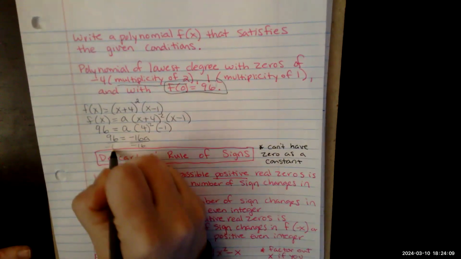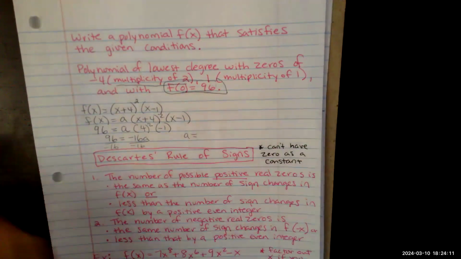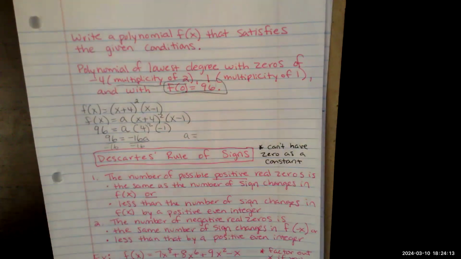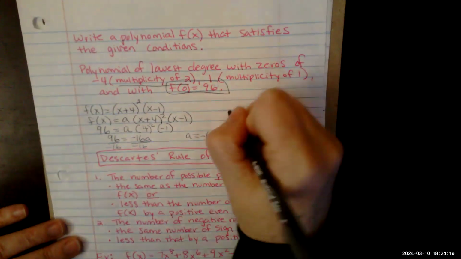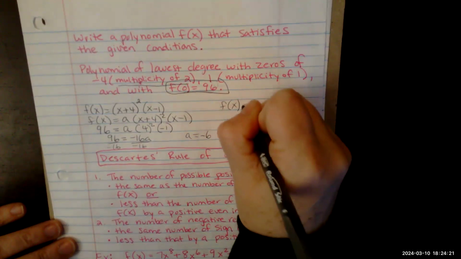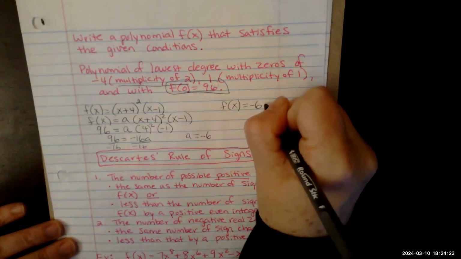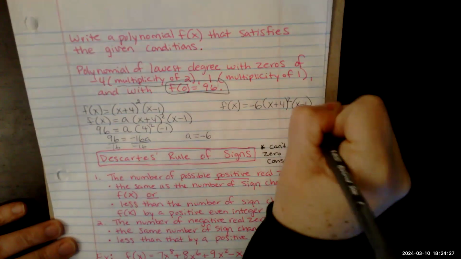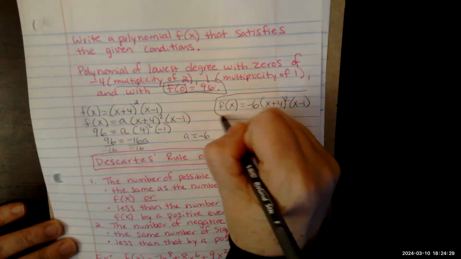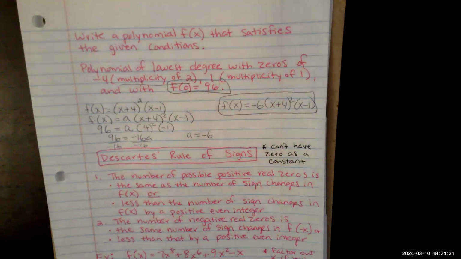And then I can divide by -16 and get that a must be -6. So my final equation is exactly this one, where it has these factors, but it also has a -6 in the front.